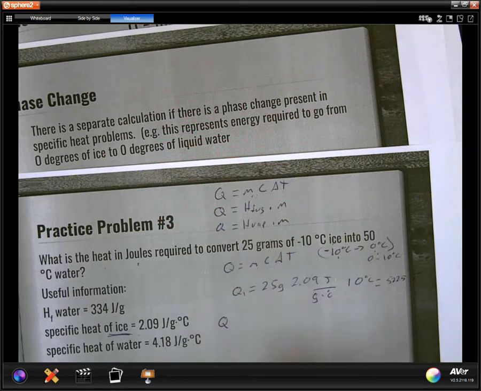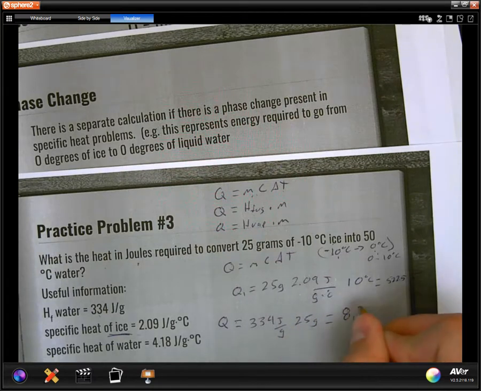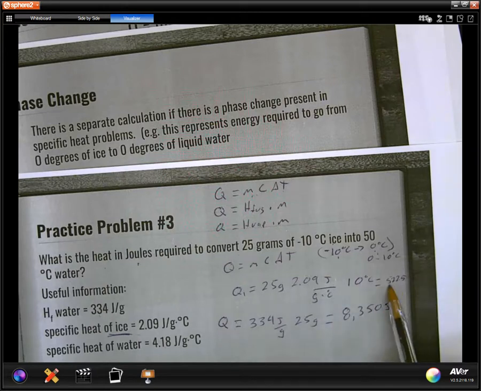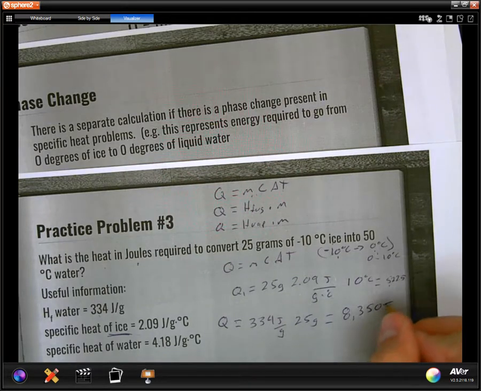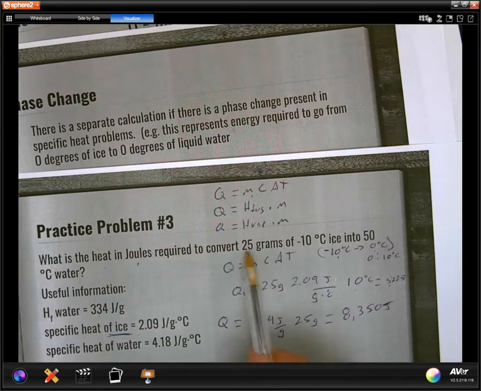And that's going to use this equation, which is simply your heat of fusion times the mass. That's going to come out to 8,350 joules. So you can see that it takes 522 joules to raise ice 10 degrees of temperature. It takes 8,350 joules to simply convert all that 25 grams of ice into liquid water.